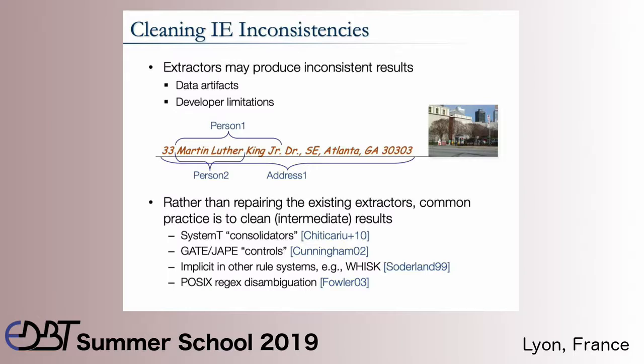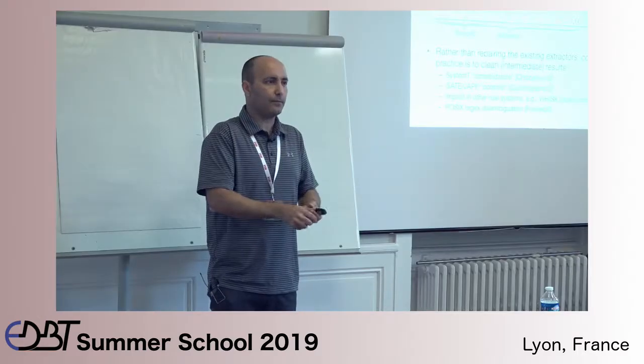Well, it's not that easy. It actually can make programs very complicated. So instead of requiring the developers to write programs in a way where you don't have these undesired overlaps, they provide mechanisms to clean the extraction after you extract parts with overlaps.